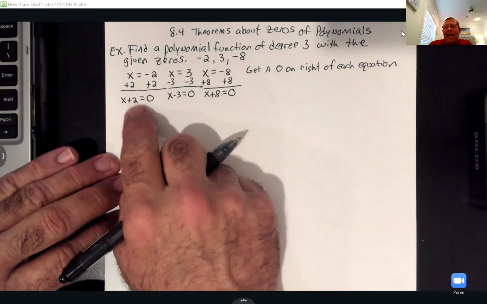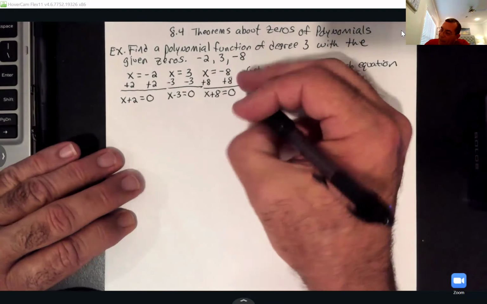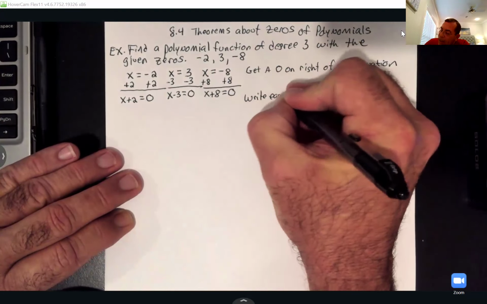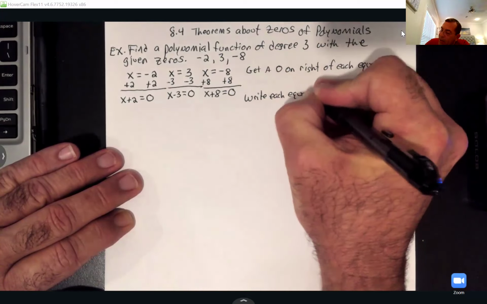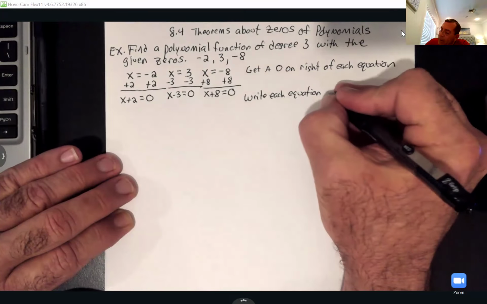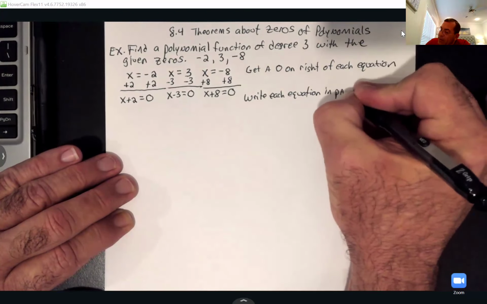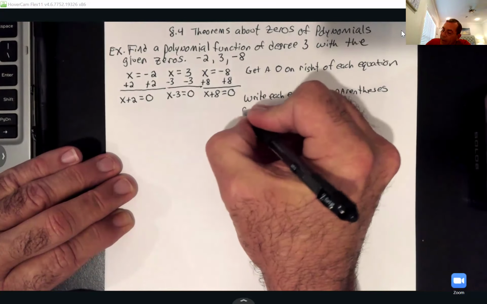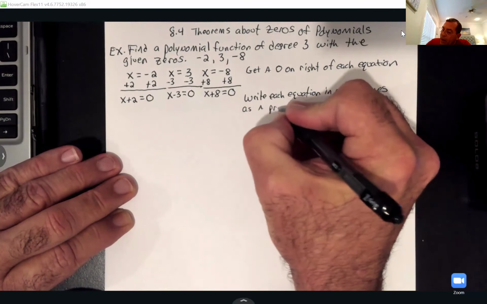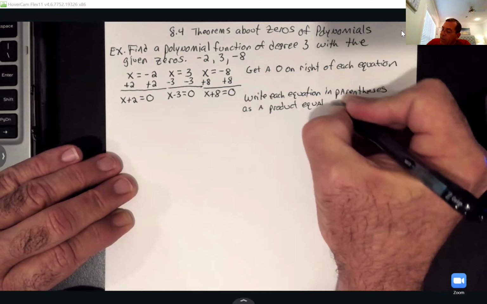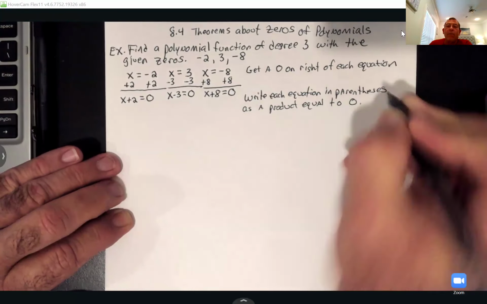All right, so the next step we're going to do: write each equation in parentheses as a product equal to 0.